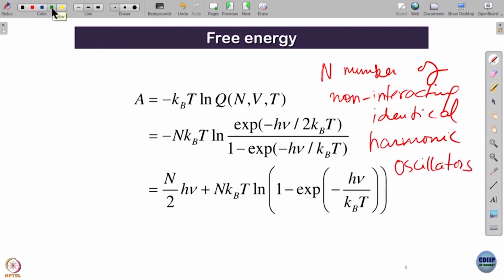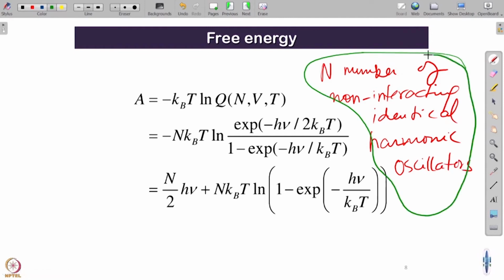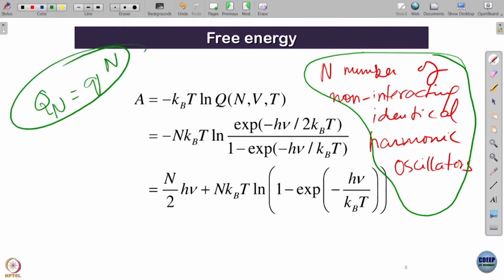So then my Q_N is Q to the power N, and then I write free energy A equal to minus kBT ln Q, and that N comes out in front, giving me N kBT, and ln e to the power minus theta by 2T.